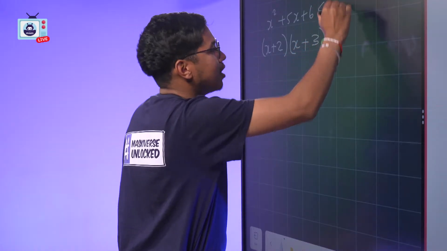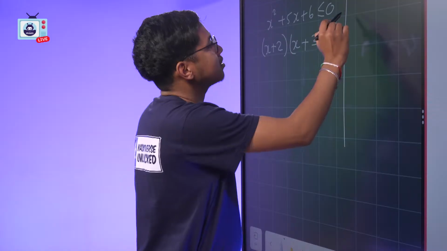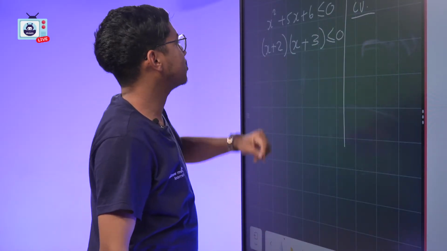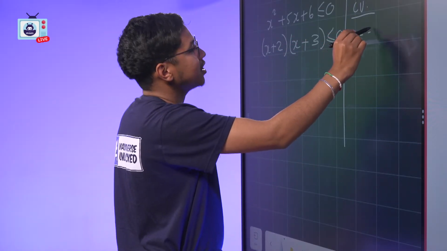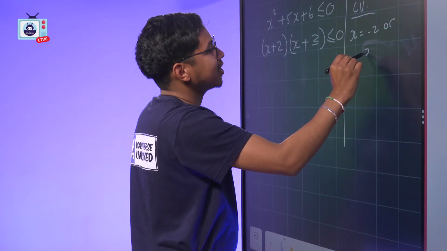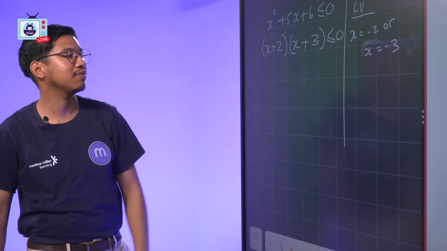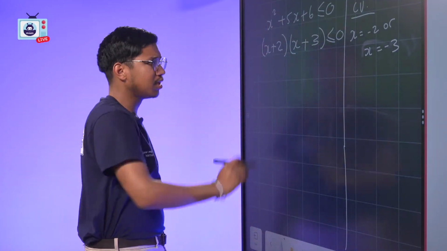I hope you have found your critical values already. If I say x plus 2 equals 0 or x plus 3 equals 0, I will get x to be -2, or x to be -3. There I have my critical values. Next step is to sketch my parabola.